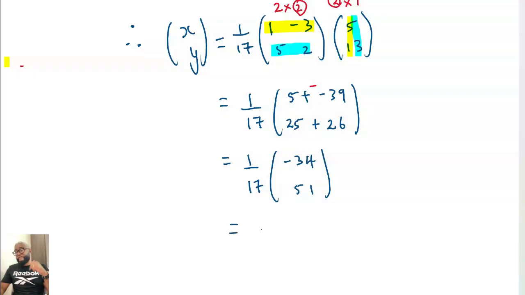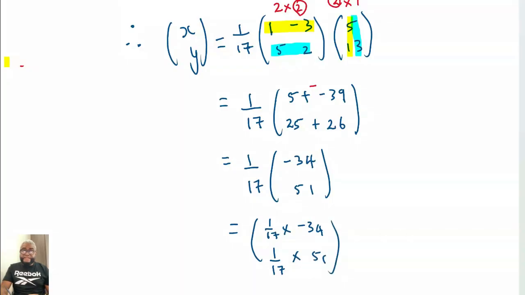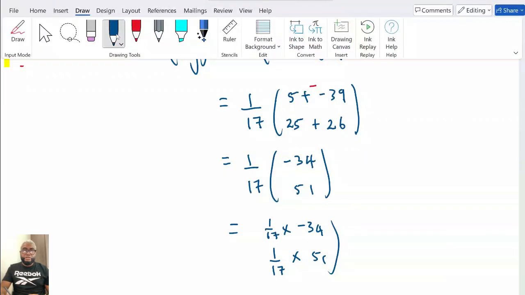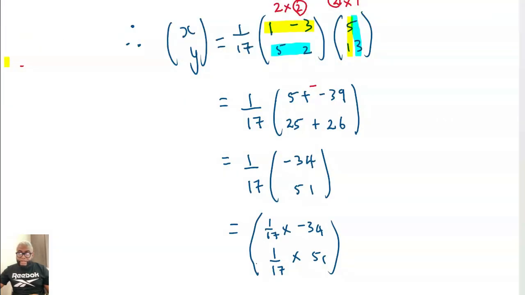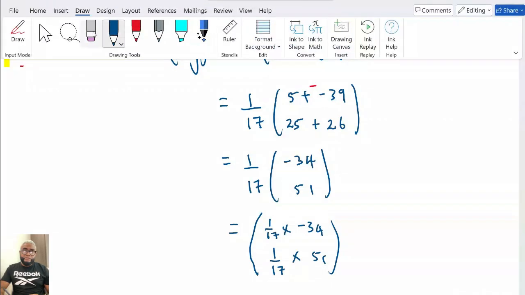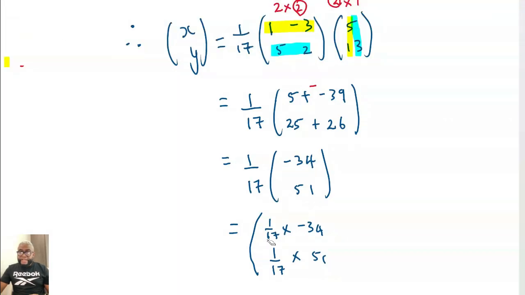Now we take the fraction in front of the brackets and multiply it by everything within. So it will be 1 over 17 multiplied by negative 34, and also 1 over 17 multiplied by 51. Somebody tell me what the values of x and y would be, which is what we're trying to work out.